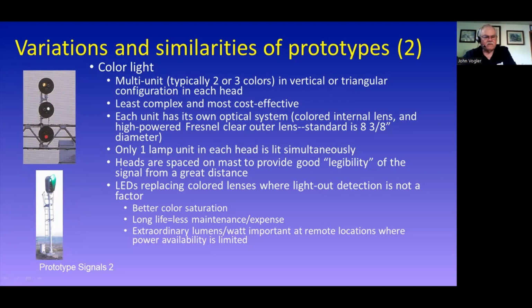With a conventional signal, there's detection available to determine that the light has burned out and prevent that from happening. With LEDs, it's very difficult to do that because it's typically an array of many LEDs, and you can't really detect when it's burned, quote unquote, burned out.